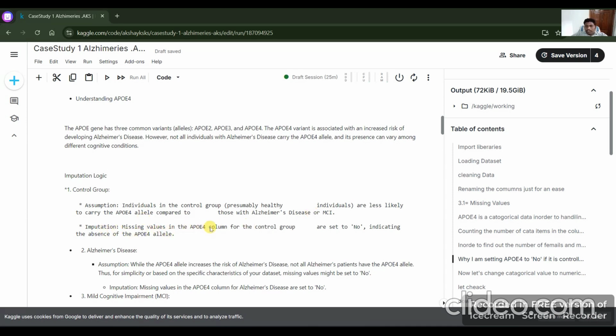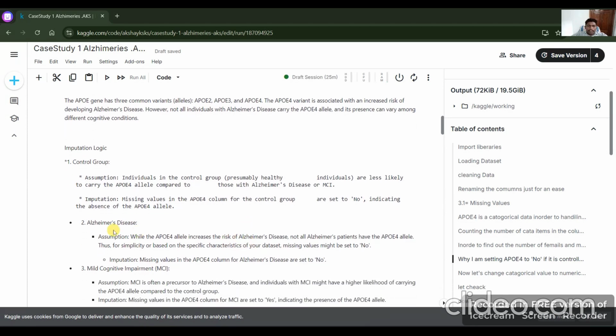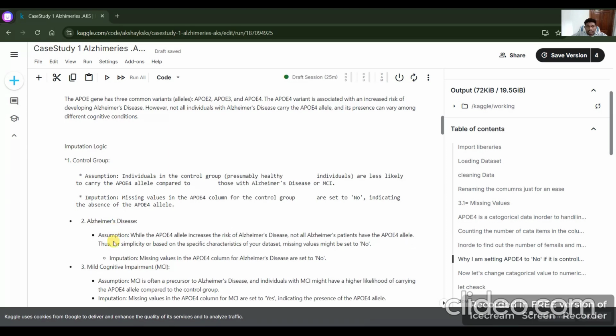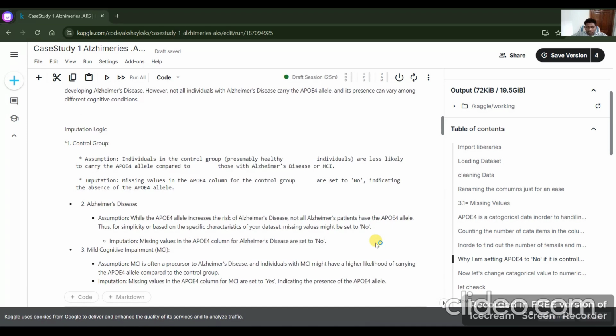Imputation: missing values in the APOE4 column for the control group are set to no, indicating the absence of APOE4. Alzheimer's disease assumption: while APOE4 increases the risk, not all Alzheimer's patients have APOE4.